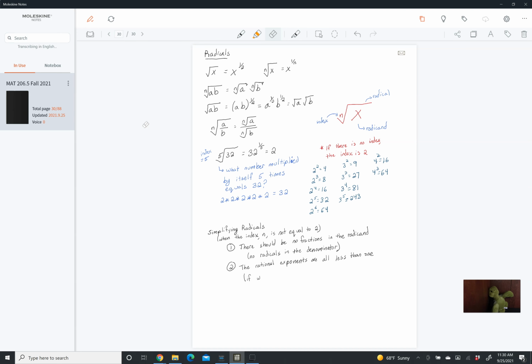And this is if we were to convert the radicals to exponents. So you'll understand what this means as we go through different examples. So let's take a bunch of examples and work through it.